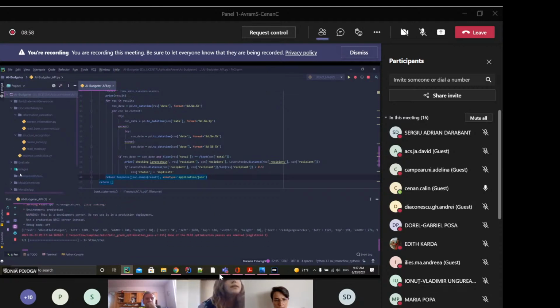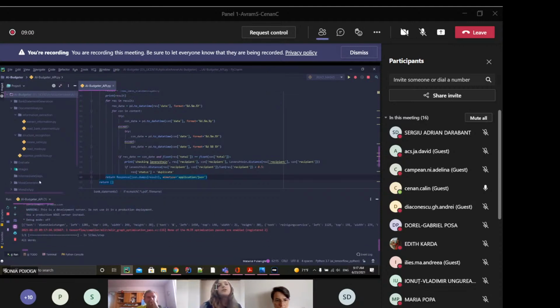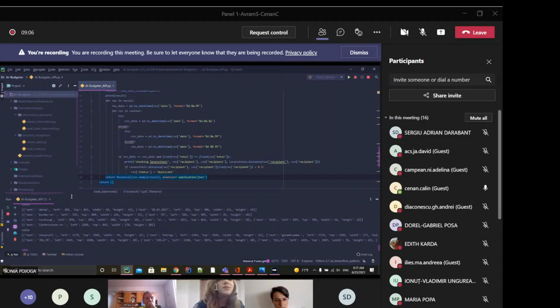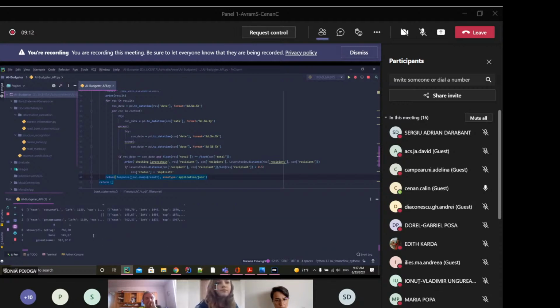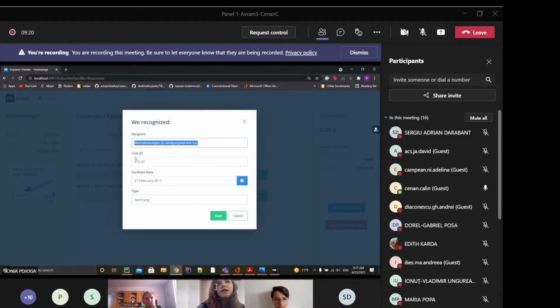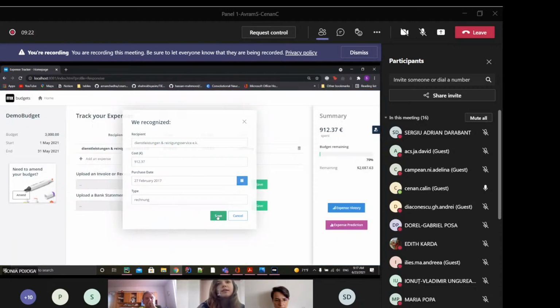Here I also created an empty directory where a few intermediary processed images will be saved. This is the reason why the algorithm also takes a bit longer than usual. There we go. And it recognizes all fields correctly.